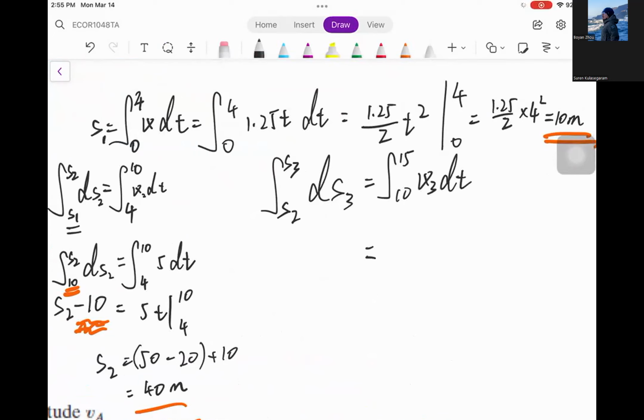And we know V3 is negative t plus 15. Just plugging in the equation, on the left-hand side here we have S3 minus S2, and we know S2 is equal to 40. Let me see. 40, yep.